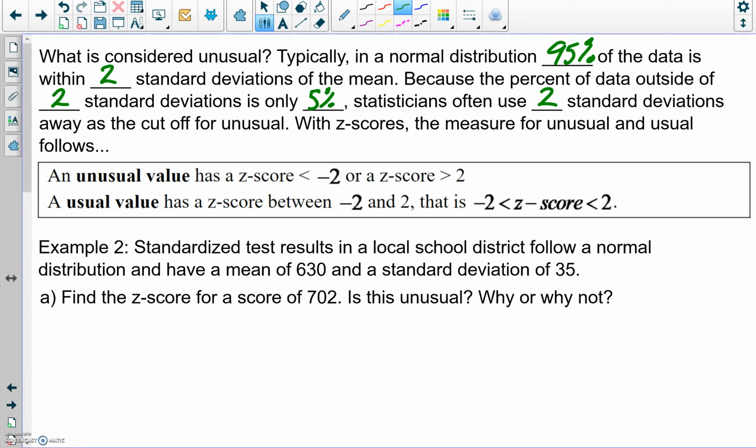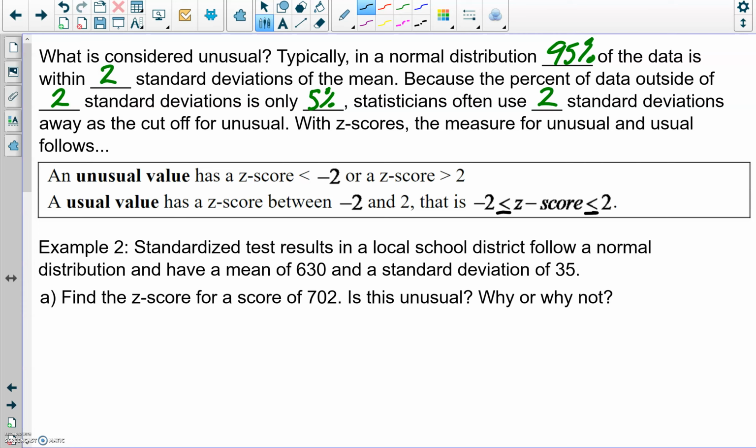So that is -2 less than the z-score less than 2. And you might be saying, where's the equal to? You usually don't see that with these, but in practice, if it's equal to 2, then it's still going to be okay. It's usually if it's outside the 2 standard deviations.